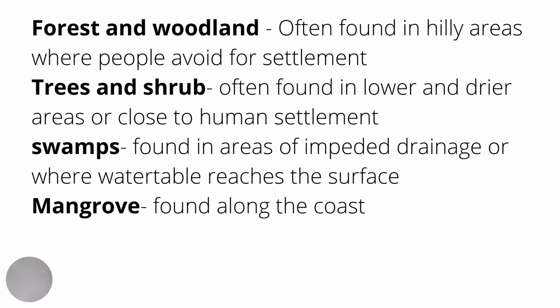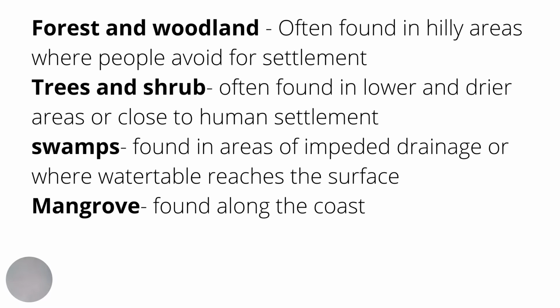That is, they develop after the primary vegetation has been disturbed by human activities. All right, so that is why you usually see trees and shrubs close to human settlement.